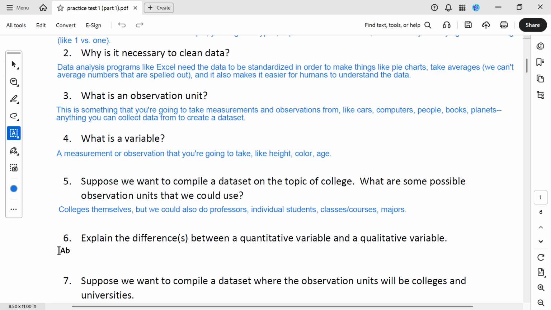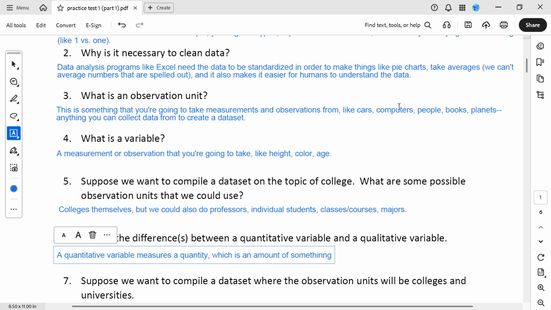Okay, differences between a quantitative variable and a qualitative variable. So a quantitative variable, you guys know it's numbers, but it's not just that. It measures a quantity, which is an amount of something. So you can have variables that are numerical that do not measure a quantity, like zip code or phone numbers.